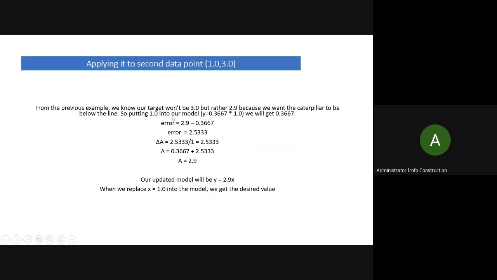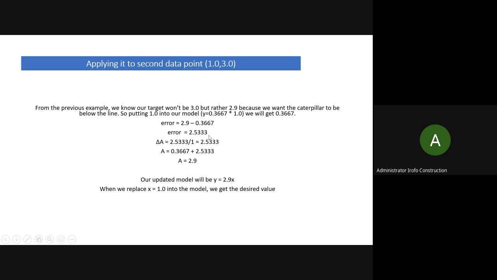Putting 1.0 into our model, y is equal to 0.367 times 1, we get 0.367. From what we did previously, we know we have to find an error. The error is 2.9 minus this one. Why is it 2.9? Because they wanted a value that is below this 3, but not equal to the 3.